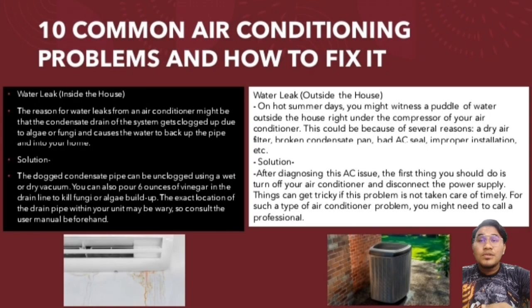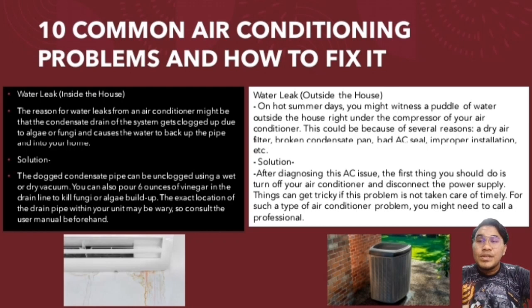10 common air conditioning problems and how to fix them. First one is water leak inside the house. The reason for water leak from an air conditioner might be that the condensate drain of the system gets clogged up due to algae or fungi and causes the water to back up the pipe and into your home.